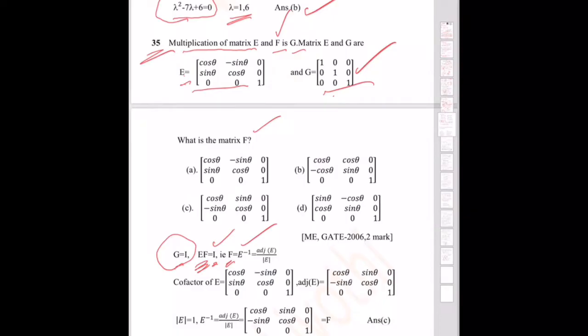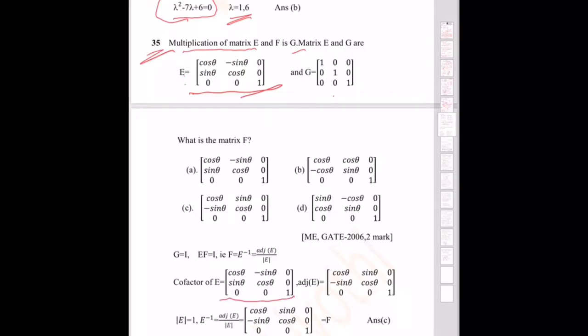E inverse is equal to adjoint of E divided by determinant of E. Then find the adjoint of E. First the cofactor of E. This is E. The cofactor of E is equal to this. Then adjoint of E is equal to the transpose of the cofactor.